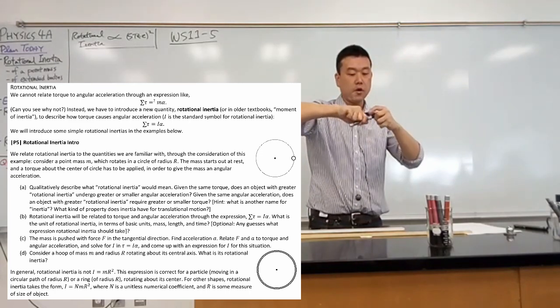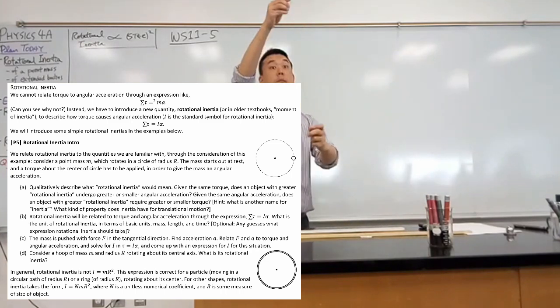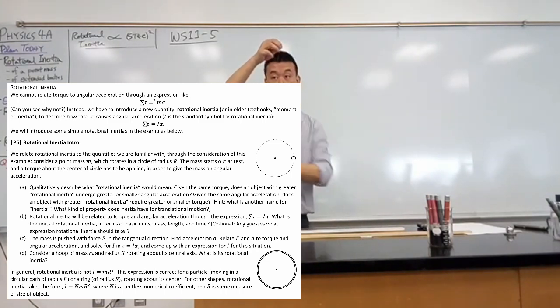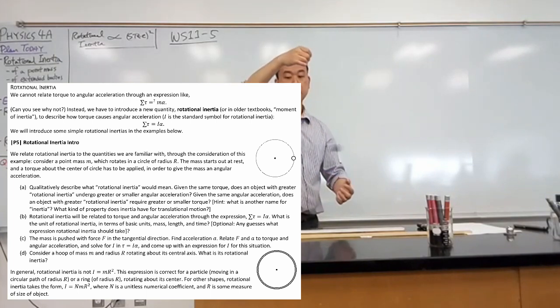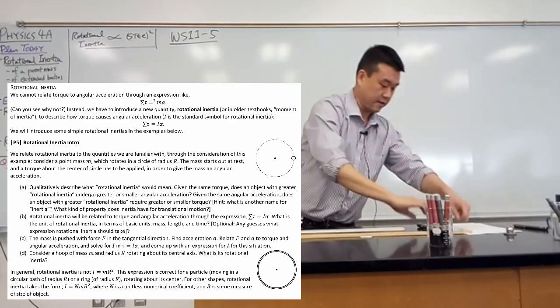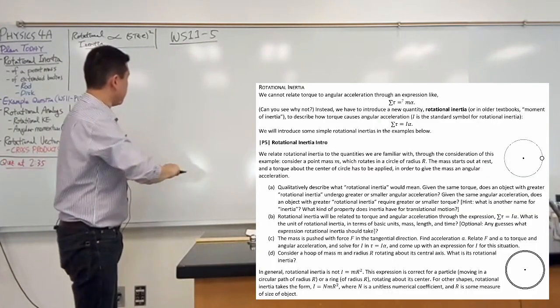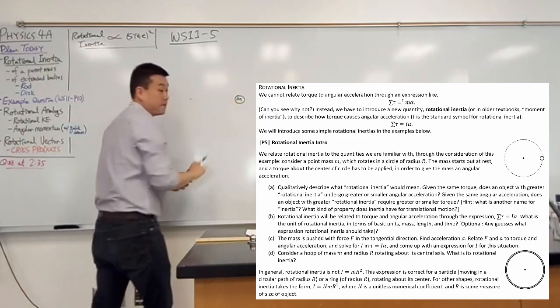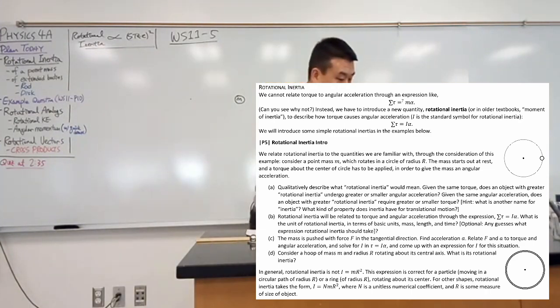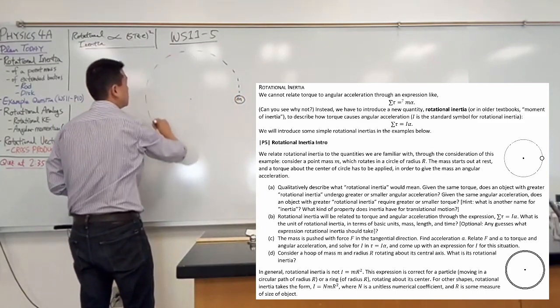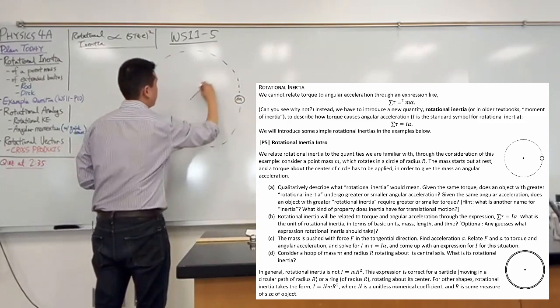Imagine you are looking at this from above, and you are somehow pushing it with a force to make it go in a circle. From the top view, what it would look like is a point mass of mass m here, going in a circle of radius r.